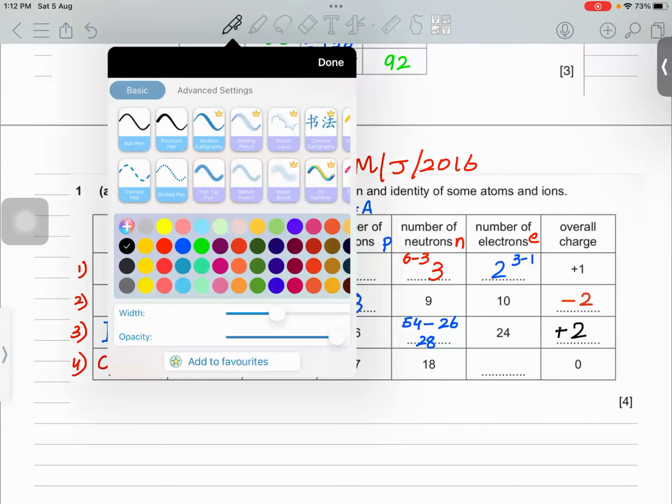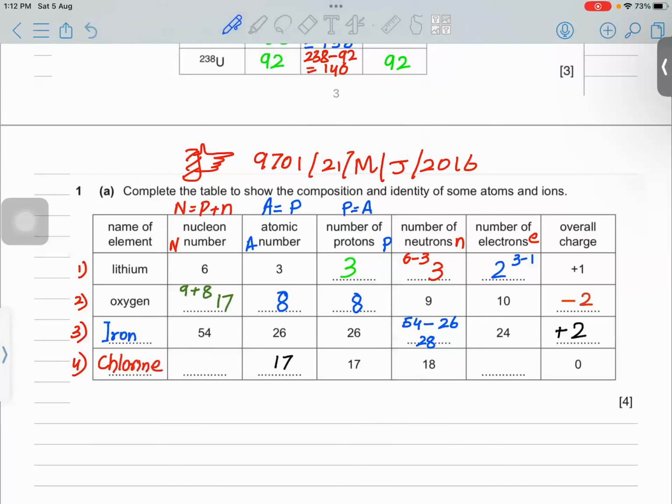Then the nucleon number is 35. Why 35? Because protons plus neutrons, 17 plus 18, is 35. Correct. And what about the electrons? They're also 17 because there's no charge. If there is no charge, it means the number of electrons and protons are the same.